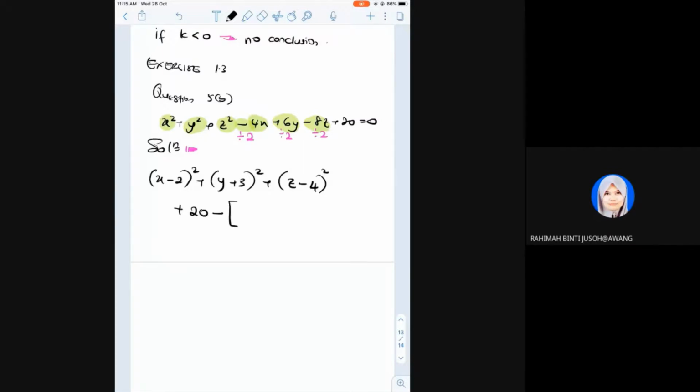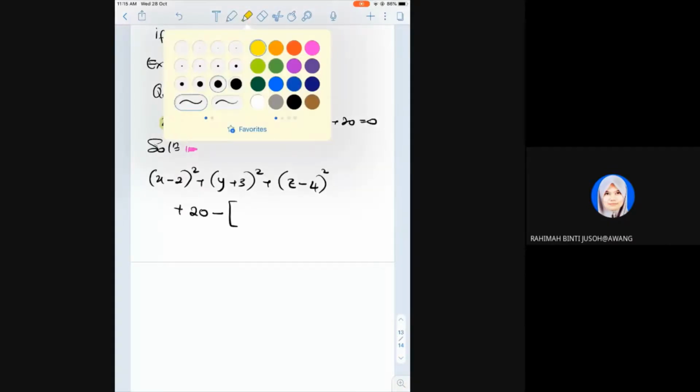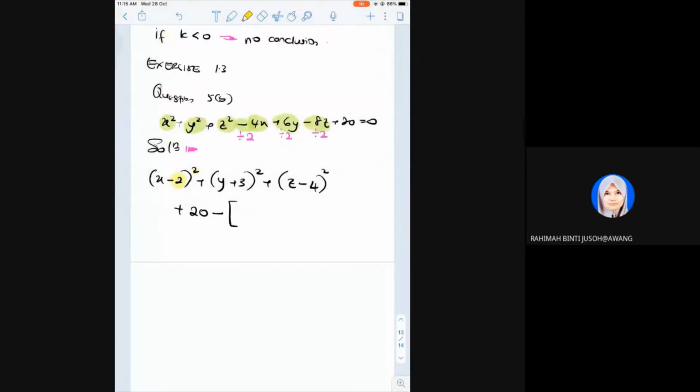So what you should do right now is -2 squared, so we will have 4 plus 3 squared. So 3 squared is 9 plus -4 squared, so should be 16 equals to 0 like this.